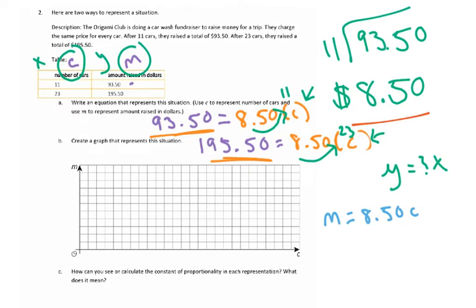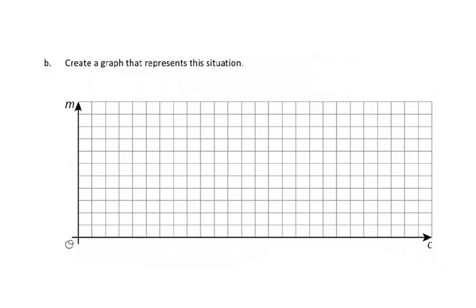Okay, now for part B, we get to graph this. So I blew up the graph here so that we'd have an easier time of seeing it. On the bottom, on the cars axis, we can just count by 1. So 1, 2, 3, 4, 6, 7, 8, 9, 10.